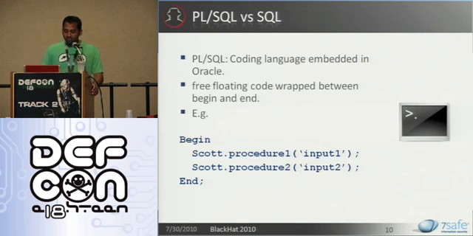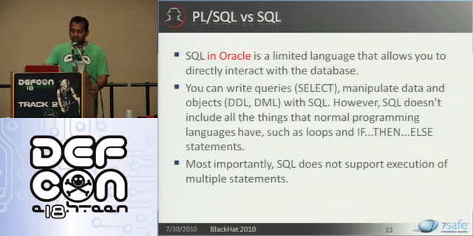An easy way to understand PL/SQL is to consider it free-floating code wrapped between BEGIN and END, in between which you can have any number of statements, procedure 1, procedure 2, and so on. The second language, SQL in Oracle, is actually quite limited. SQL in Oracle, by design, does not allow execution of multiple statements, and that is one thing which differentiates exploitation.